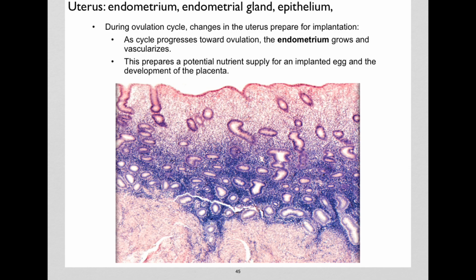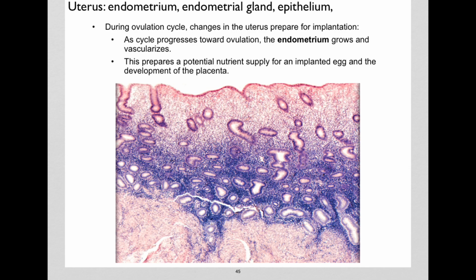All right, so that's getting the follicle and the oocyte ready in the ovary. But once the follicle's ruptured and you've ovulated the oocyte, the other thing that has to be happening is, in case there is fertilization, or if there's going to be pregnancy, the uterus has to be ready for that.